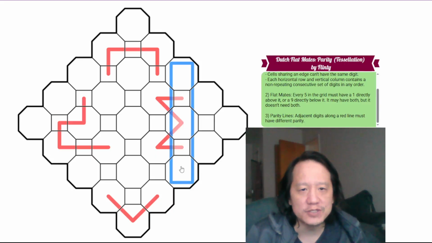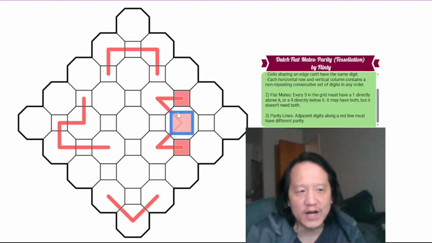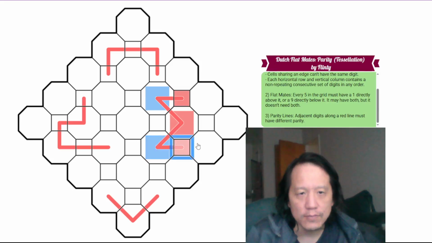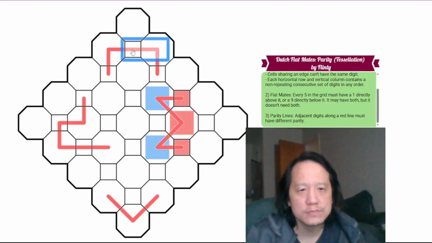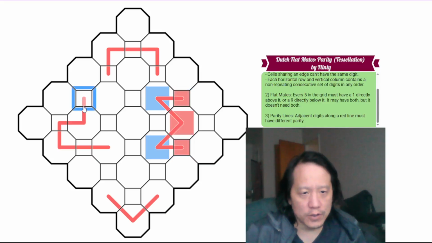In column 7, we have guaranteed 3 cells which are the same parity. So therefore, those must be the odd ones. So 5 has to be one of those 3. So it's either 1 through 5, and these are even then. So odd.